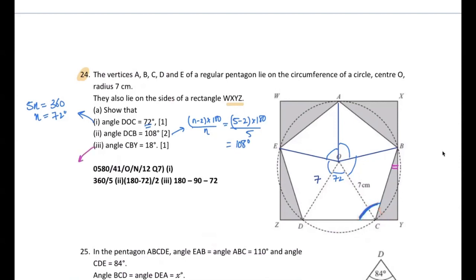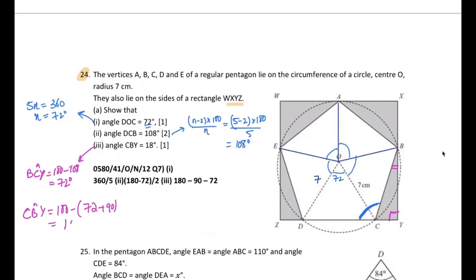So for this part, you can first find angle BCY. That is going to be 180 minus 108, that is 72 degrees. And because angle BCY is 90 degrees, then angle CBY is therefore going to be 180 minus the sum of 72 and 90.